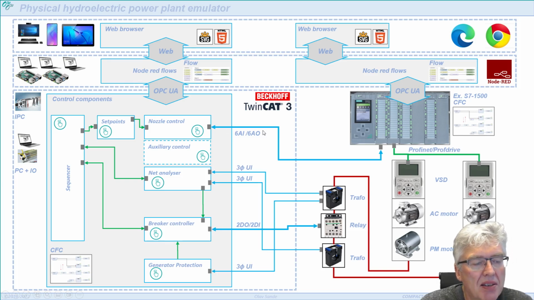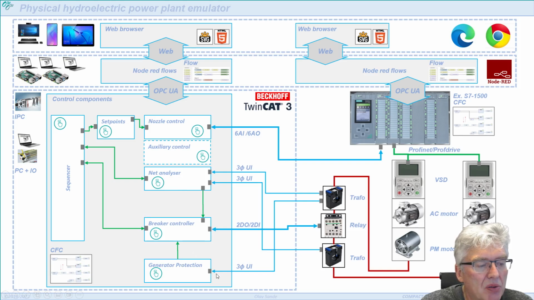As an example, we would use inputs to this that would emulate the turbine and power and so on, and do the control. And inside the compact control system, we have control of the nozzles, turbine, and auxiliary control, which can be hydraulic pumps or whatever, and net analyzing.